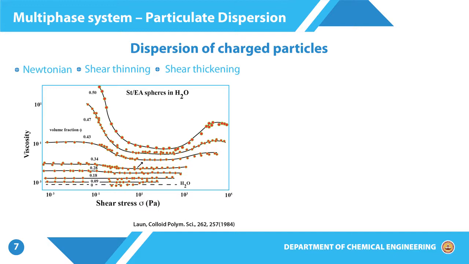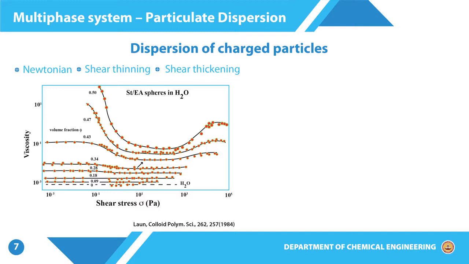You can see that up to 10 to the power minus 1 stress, the viscosity is very large, or the material is almost solid like. So, clearly the stress here, which is 10 to the power minus 1, can be thought to be the yield stress of this material.